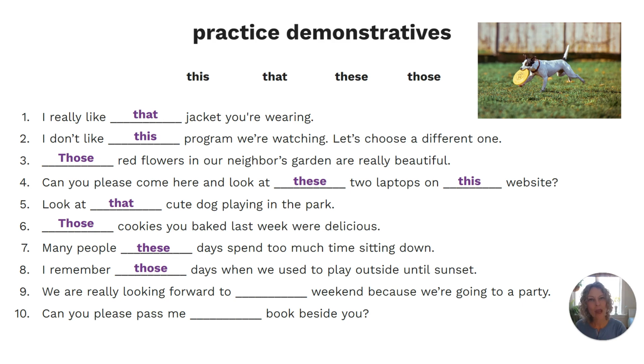Number 9, we are really looking forward to blank weekend because we're going to a party. So are we talking about a time close to us or distant? So in this case, it's this weekend. We mean the one that's coming right up, the next one, very close to us, not far away.